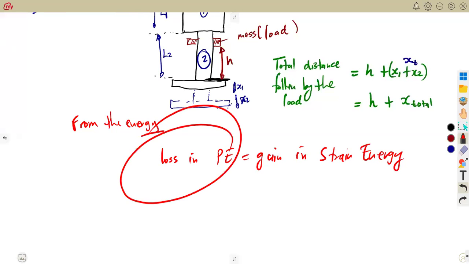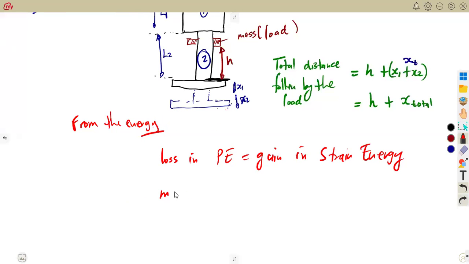That is what we have. Knowing that potential energy is mgh, the height. But the height now is affected because of what? This. The total distance fallen is now H plus x total. This is what you'll notice this time. What about our gain in the strain energy? Has it changed?